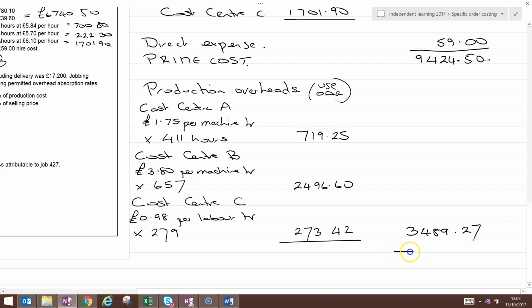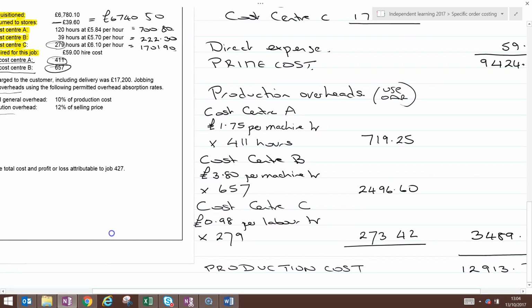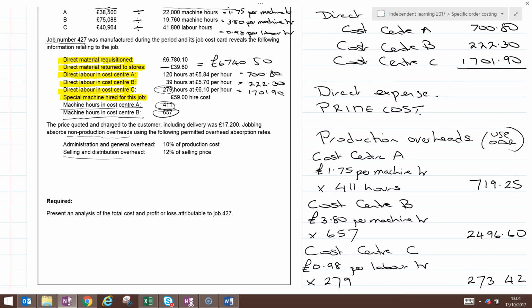Adding that to the prime cost gives us the production cost. Now in this example, we're also told how the organisation deals with its non-production cost.